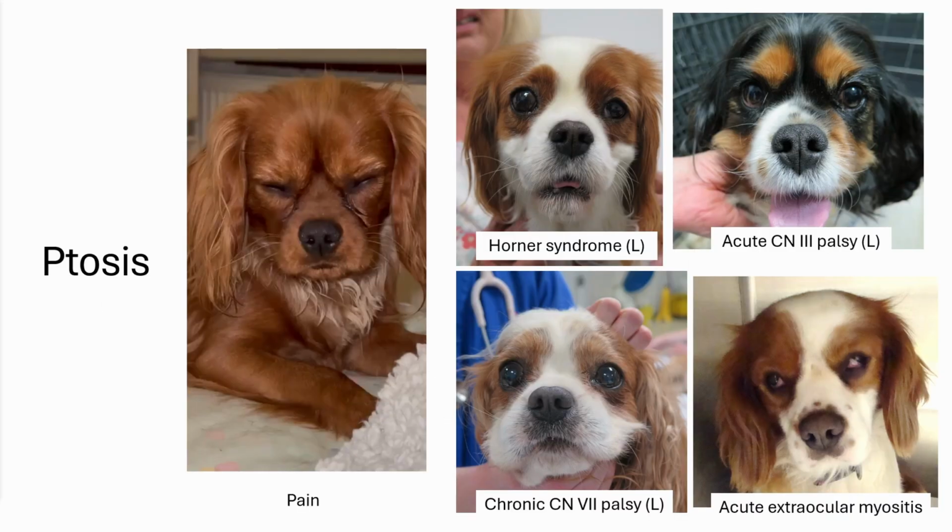And here we have all of those examples here. So this little guy here has Chiari malformation associated pain, and we presume that he's having some signs of headache or similar type of head or eye pain here.